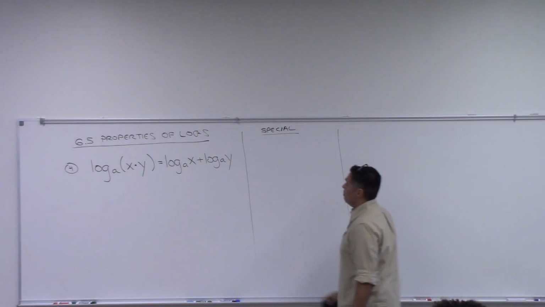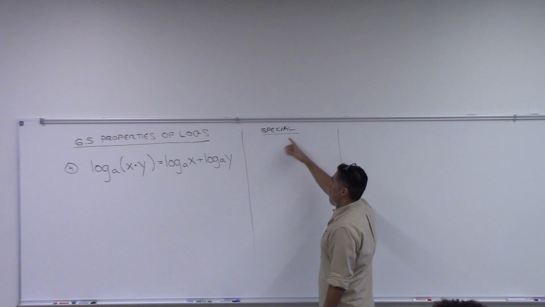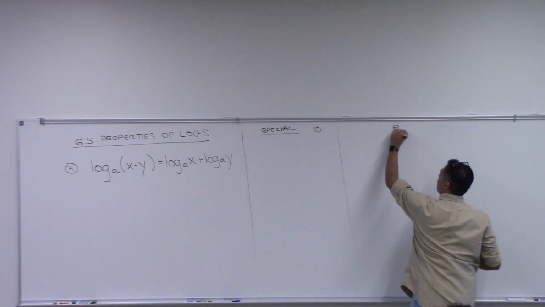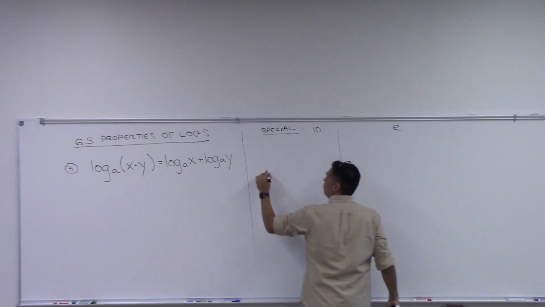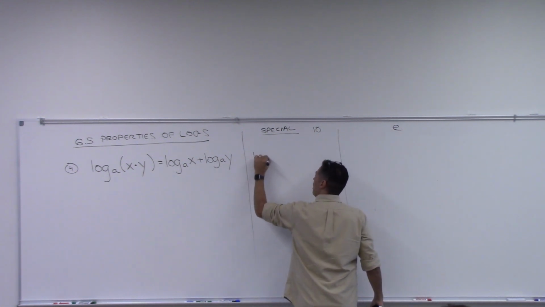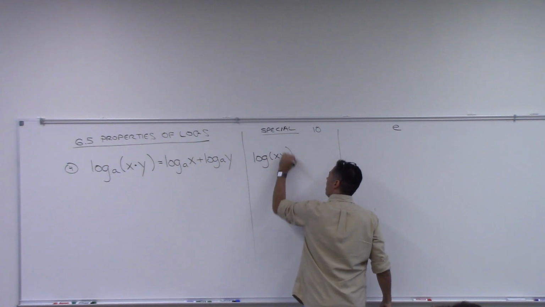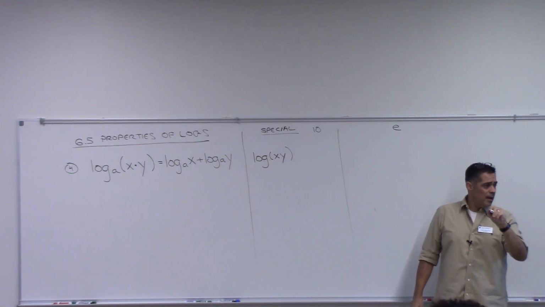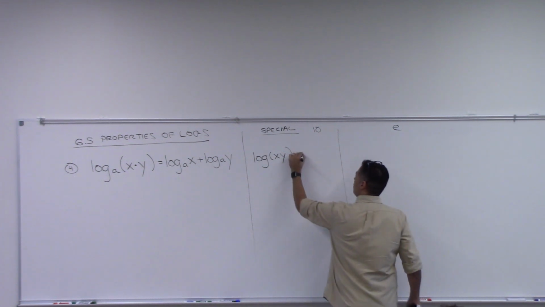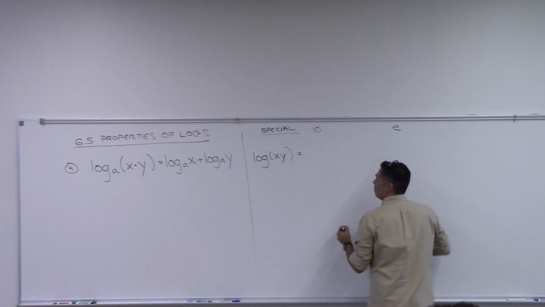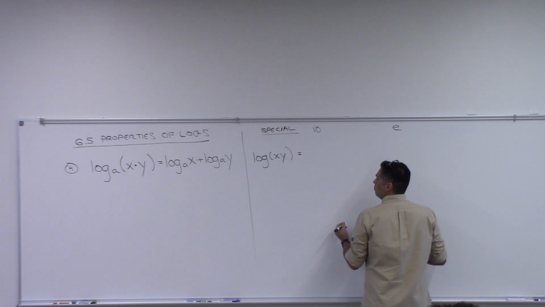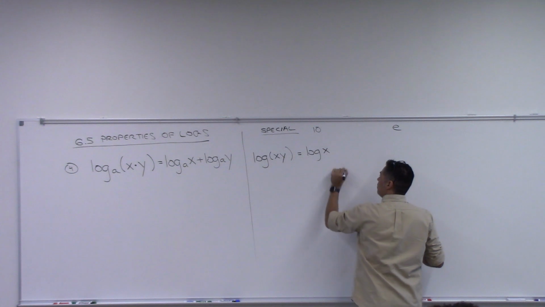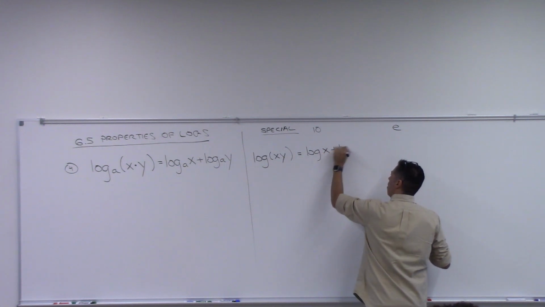Okay, now let's do it for the special case. Let's do the log base 10. I'm just going to put 10 up here and e over here. These are our two special bases. So to write this, it would be log, I don't write the base, xy. I'm just going to put xy instead of x with a dot in the middle. It's implied that there's a dot there, right? This becomes, what? You tell me. Log, don't write the base, log x plus log y.